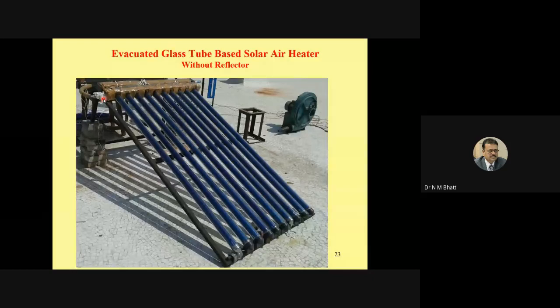Even in the natural convection solar water heater, you must have observed that the inlet and outlets are always, say this is a flat plate collector, then if the inlet is on this side, the outlet is on the opposite side. So here also inlet and outlet should be on opposite sides, so that the pressure drop through each tube is the same, because geometrically they are identical. So if the length of travel is the same, we can ensure that the same amount of air is distributed in all the tubes.